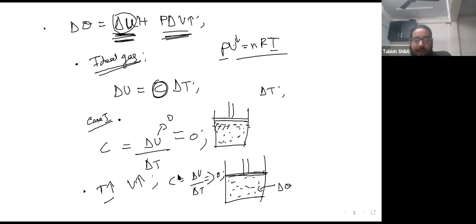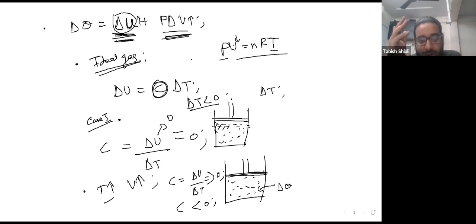But what can also happen is that the volume expands so much that my temperature actually goes down. So my delta T can also be negative. So in that case, my C is actually negative. And what also can happen is that my delta V is exactly such that there is no change in temperature, which we will call an isothermal expansion.